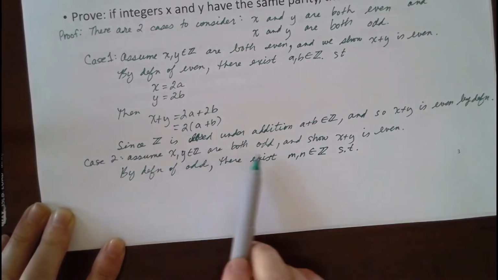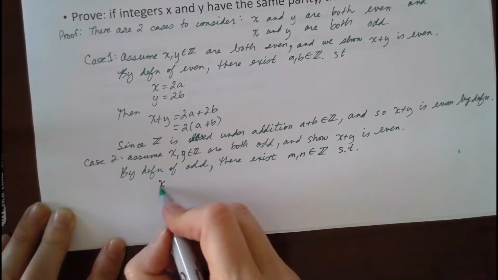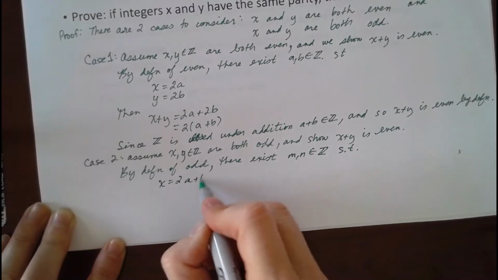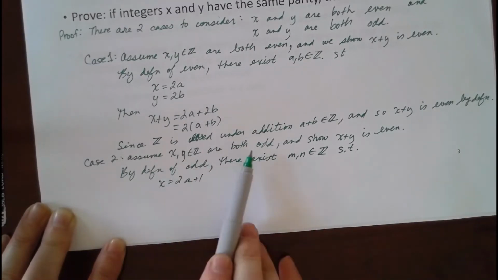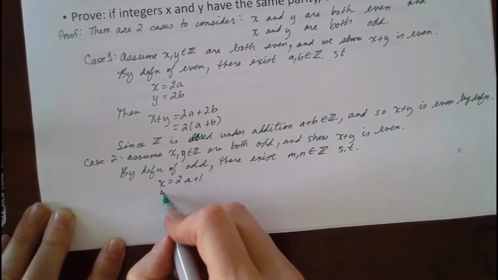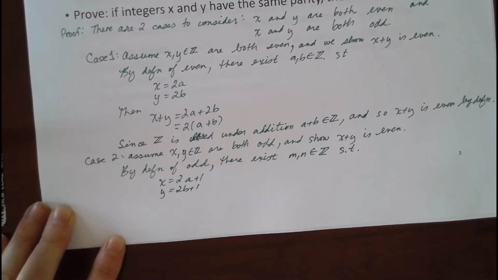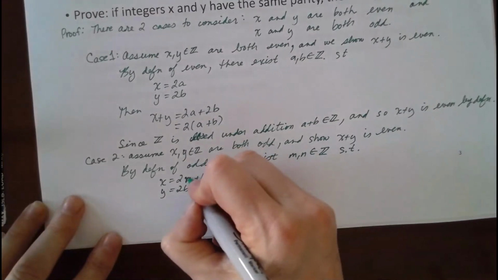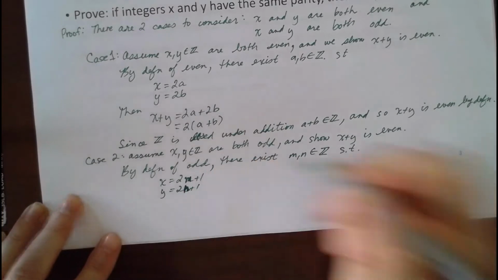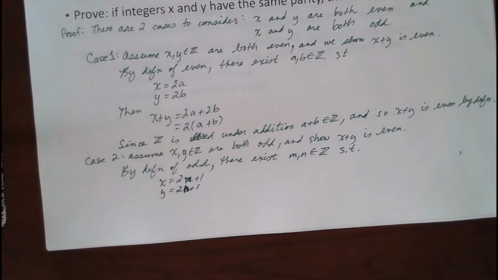This time, since x is odd, x is going to be 2m plus 1. Since y I also assume to be odd, y is going to be 2n plus 1. Thank you. I need you guys to keep me honest.